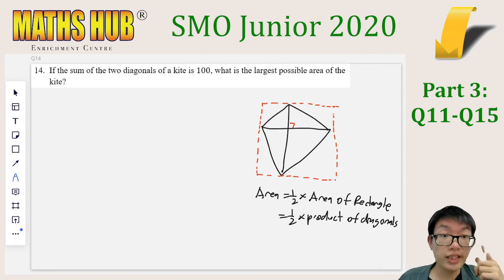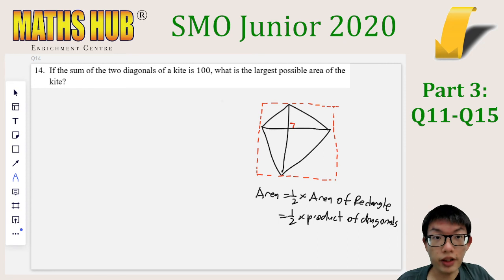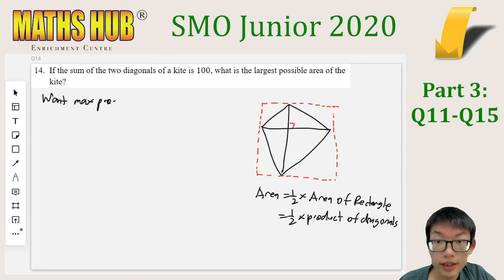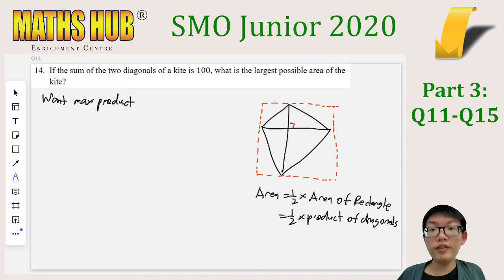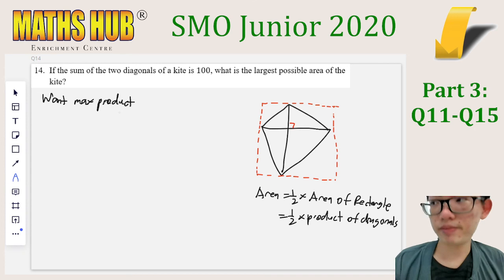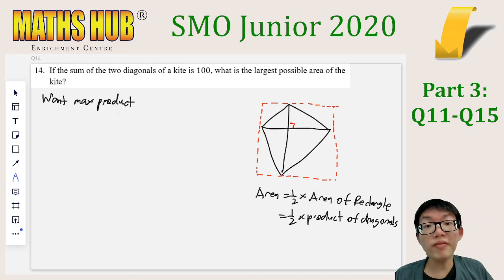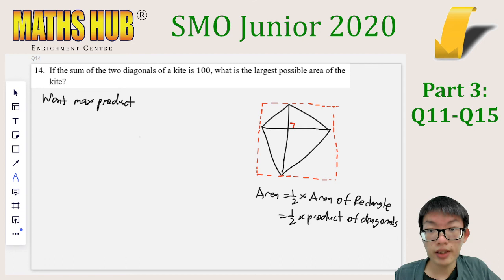Now that means that if you want the largest possible area of the kite, you also want the largest possible product of the 2 diagonals. So you want the maximum product, but you already know that the sum is 100. When the sum is fixed, in fact the sum could be any value, and you want the maximum product, this is obtained when all of the values are the same.